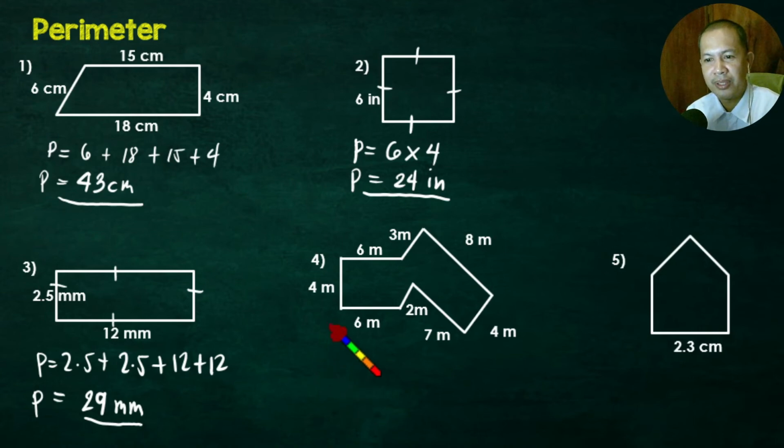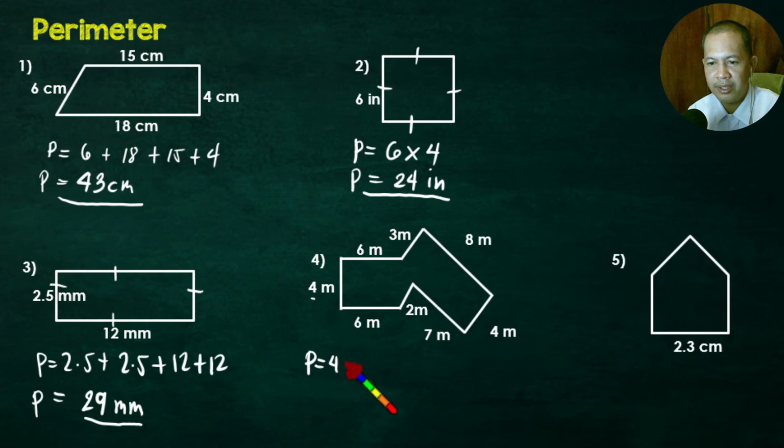In our example number 4, this is an irregular figure. So, we just add all the sides to get the total distance around our figure. So, perimeter is, add lang natin, simulan natin dito.